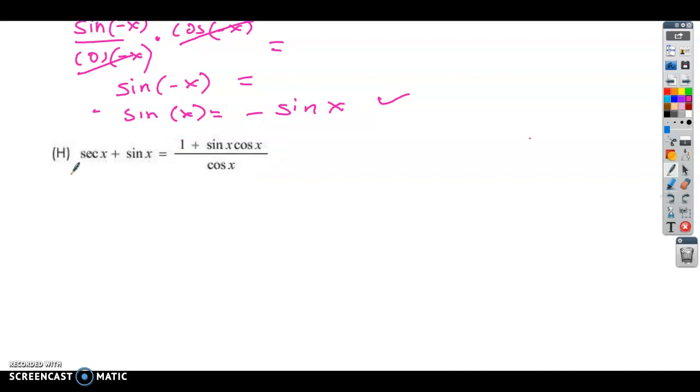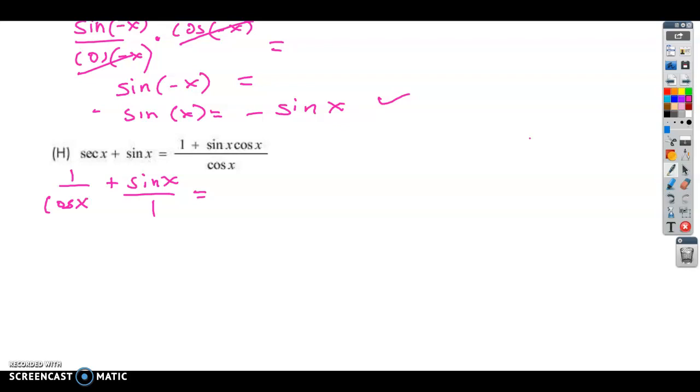So I'm going to rewrite secant as 1 over cosine of x, and this is plus sine of x, and I'm going to put that over 1 just so we know that those are fractions. I need that 1 in the denominator underneath sine of x to be a cosine, so I can add those two fractions together.